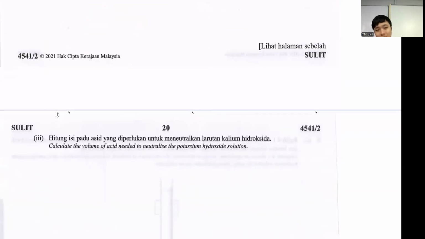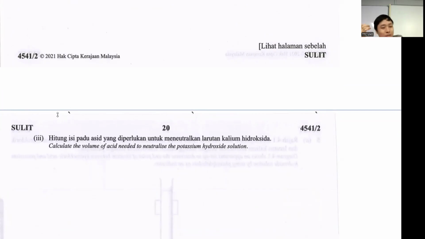Calculate the volume of acid needed to neutralize the potassium hydroxide solution. Okay. So in this case, I know the answer scheme looks weird. I think I've sent it later. I have to adjust a bit.